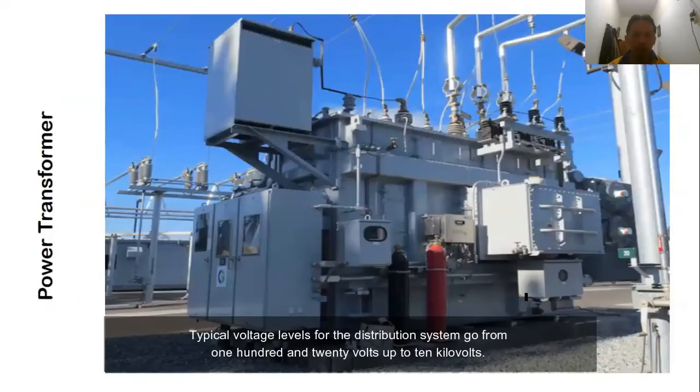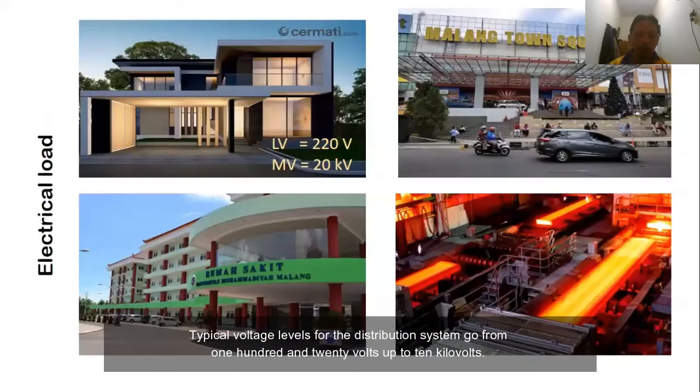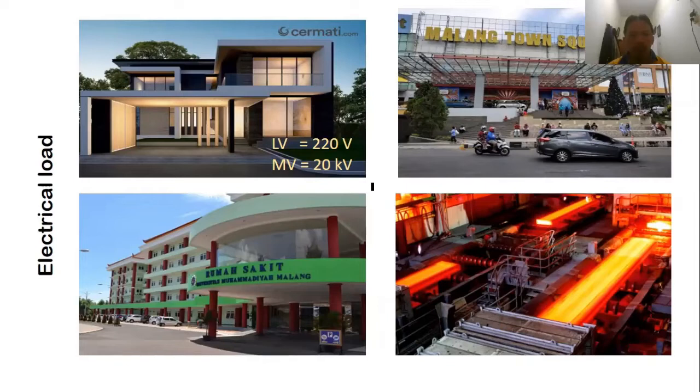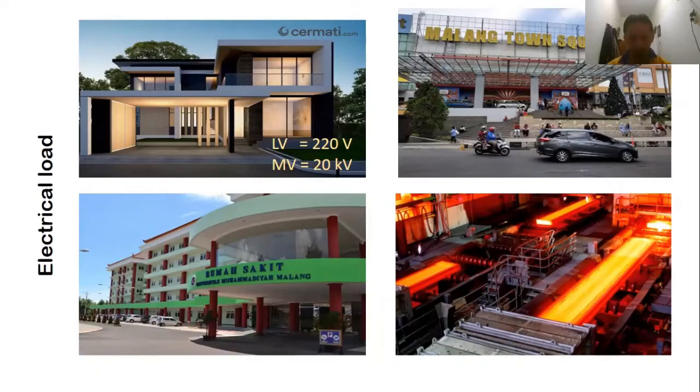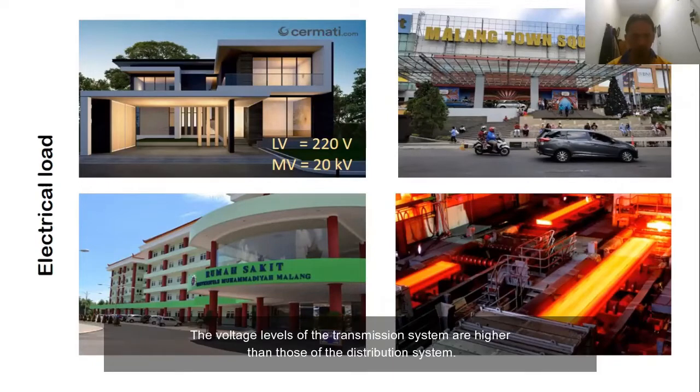The typical voltage levels for the distribution system go from 120 volts up to 10 kilovolts. However, in Indonesia, the distribution level is 220 volts up to 20 kilovolts. The voltage level of the transmission system is higher than that of the distribution system.